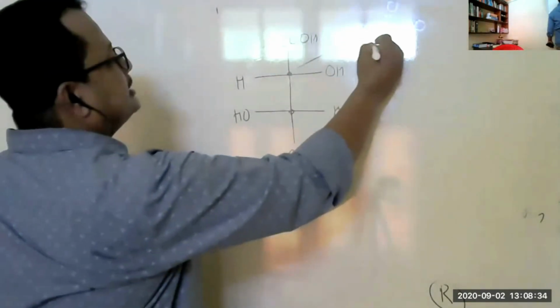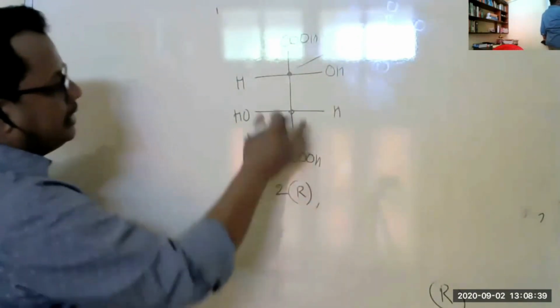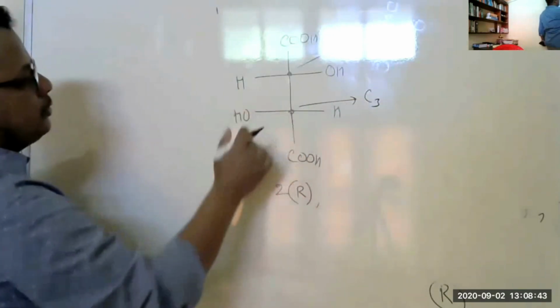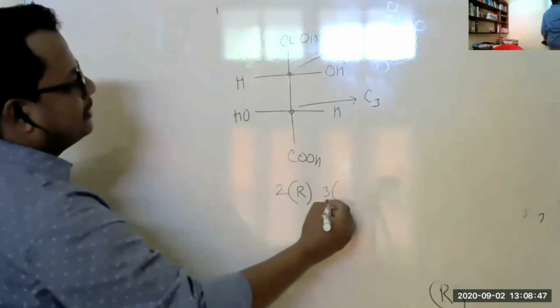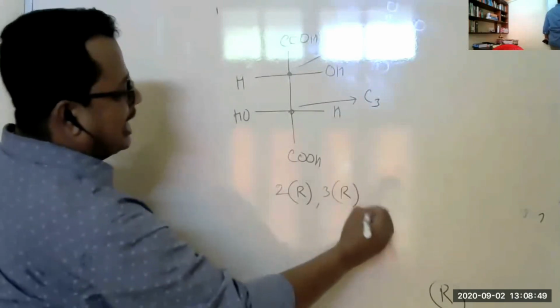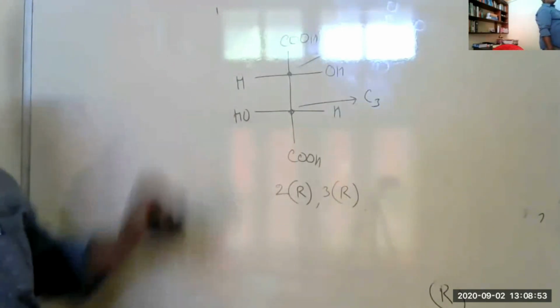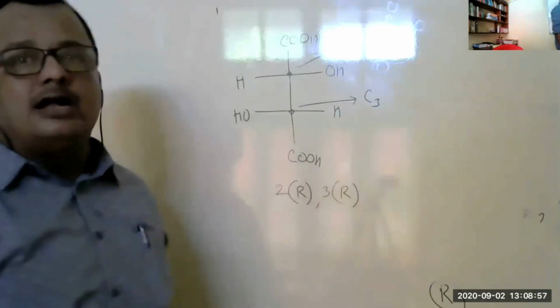At carbon atom 2, you have configuration R. And at carbon atom 3, this one will be carbon atom 3. You can find it. It will be also R. You can find it out. It will be also R. So the complete name will be 2R,3R.